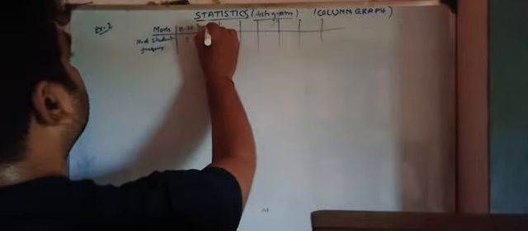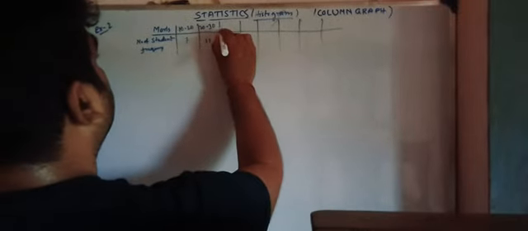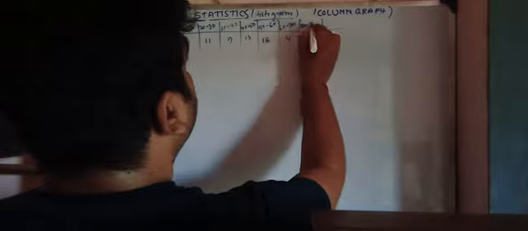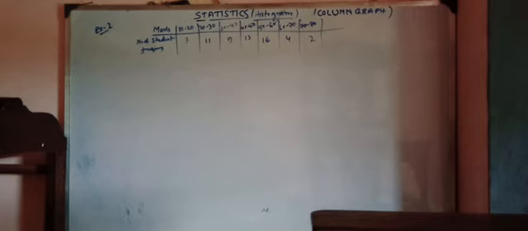Marks 10 to 20, frequency 7; 20 to 30, 11; 30 to 40, 9; 40 to 50, 13; 50 to 60, 16; 60 to 70, 4; 70 to 80, 2. Okay, so we have to draw a graph of that.